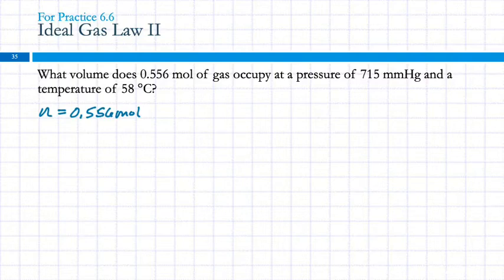Pressure of, so this is the pressure, 715 millimeters of mercury. And temperature of, T equals 58 degrees Celsius. And they are asking what volume?